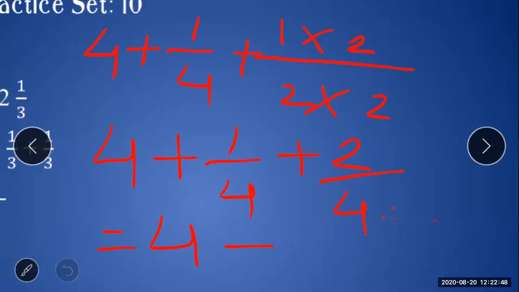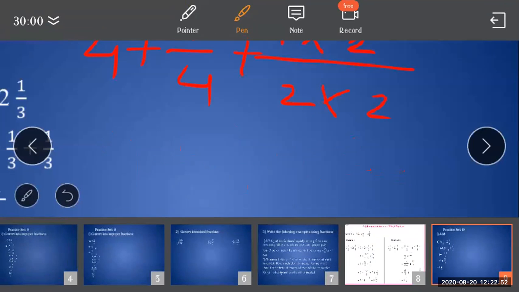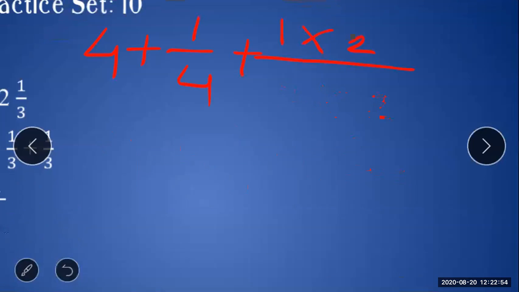The next step will be, after writing 4 plus 1 upon 4 plus 2 upon 4, what you got? 4 plus 1 plus 2 upon 4.